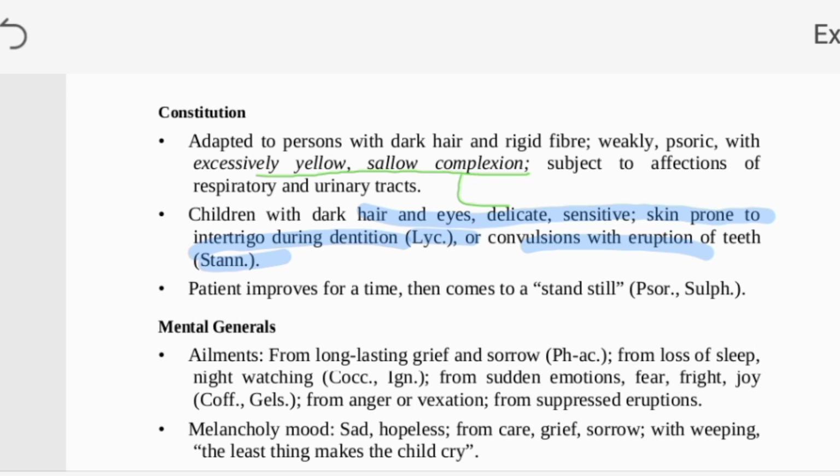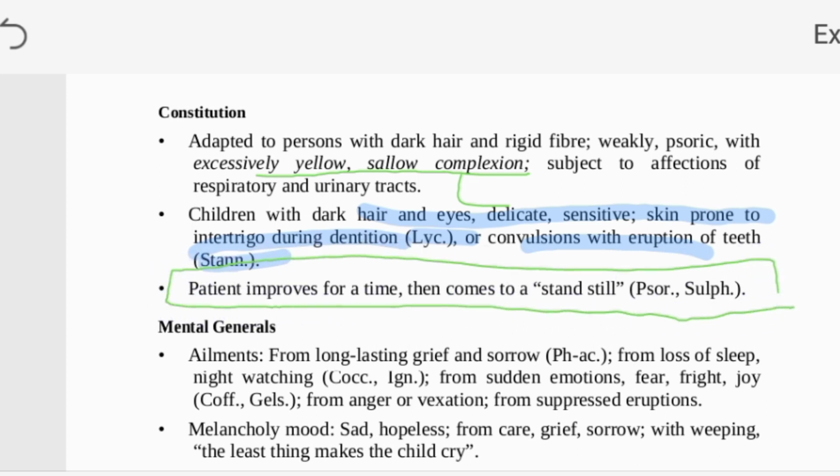You should always remember about causticum, that when the remedy given, the patient becomes standstill, we can give causticum. Also causticum is the remedy when the vital strength of the patient is lost, to stimulate and enhance the vital force. That is the meaning of this, that improve for a time, then comes to standstill.